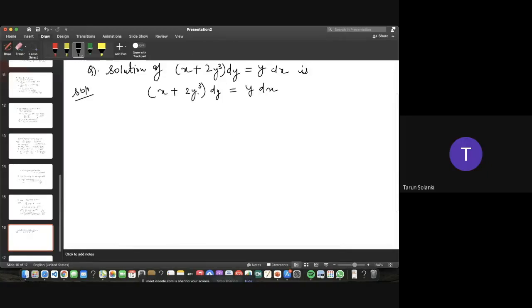This is given. Now it becomes dx/dy = x/y + 2y^2.